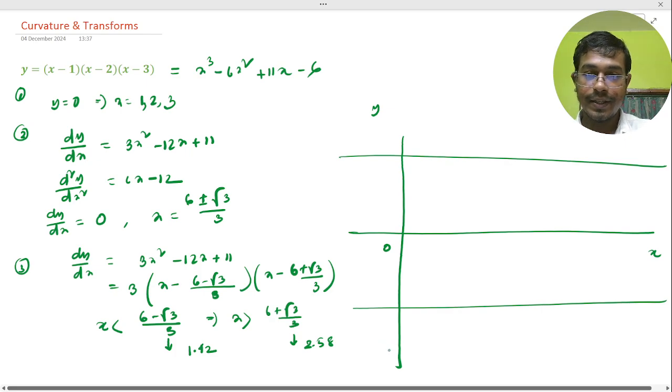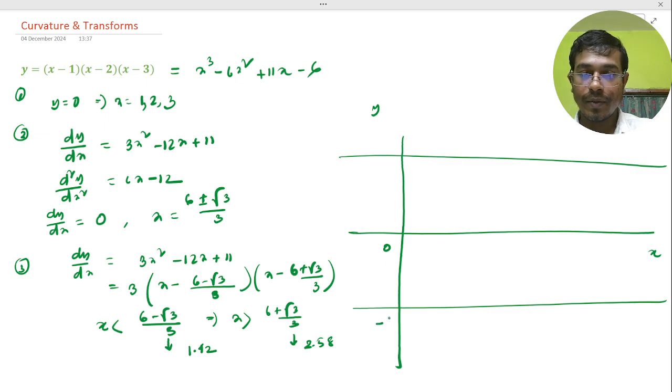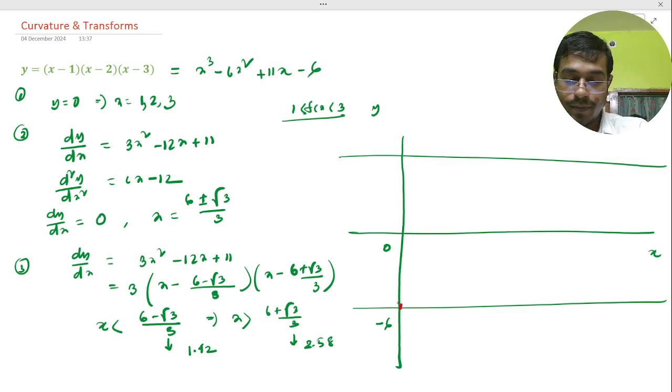So basically we have the values 1.42 and 2.58, range 1 to 3, fx within 1 to 3. We just plot, 6 minus, to 6 is the starting point, the value of this one is 1.